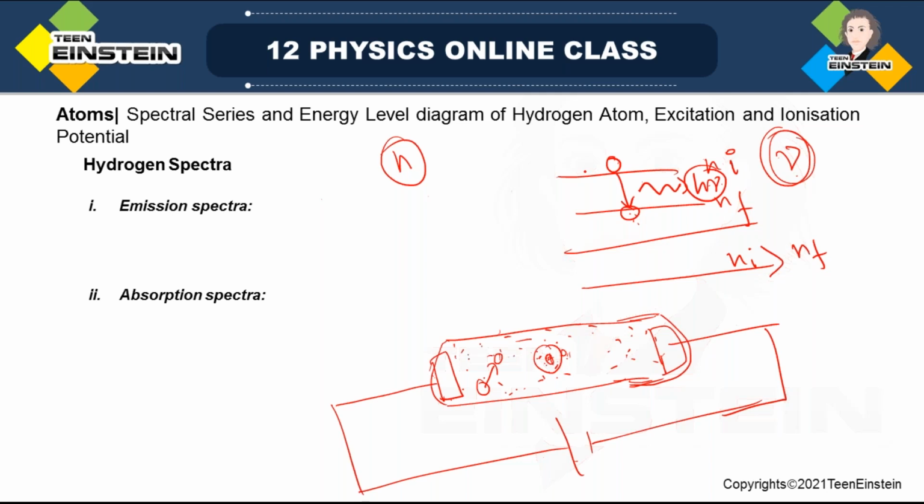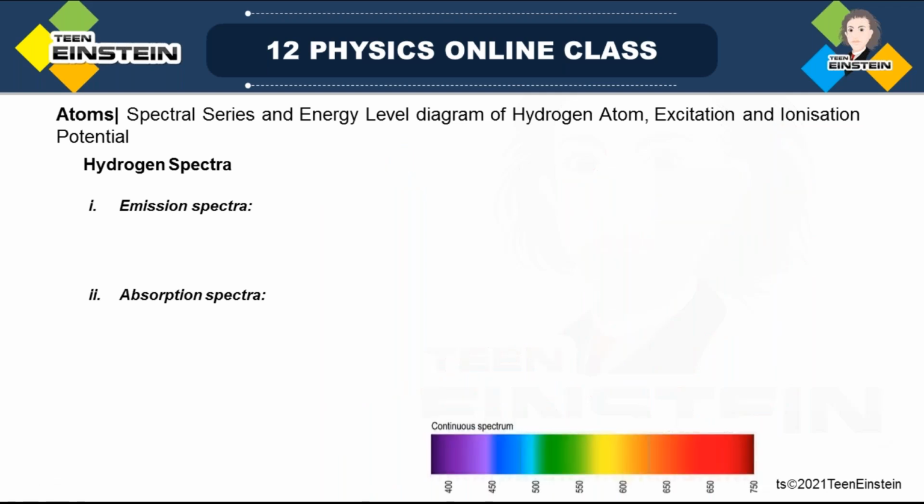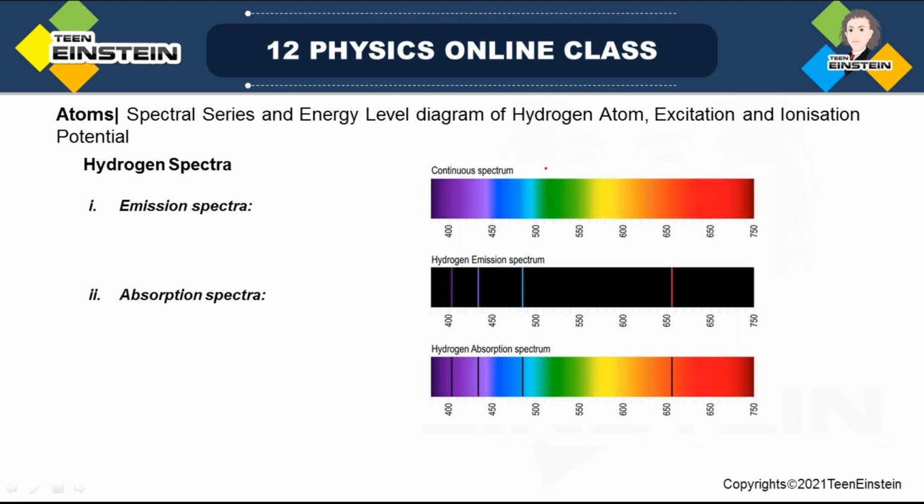I'll show you here. If you get all the lines, this is called a continuous spectrum, when you cannot separate various colors distinctly. But for a hydrogen atom, we see discrete lines, right?